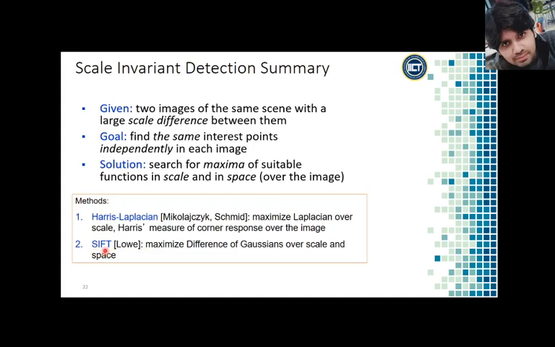SIFT was very popular from 2005 to 2012, before the advent of deep learning strategies which yielded better results. Before that, SIFT was used extensively for object recognition, object detection, and other recognition tasks. What it does is maximize the difference of Gaussians over scale and space.